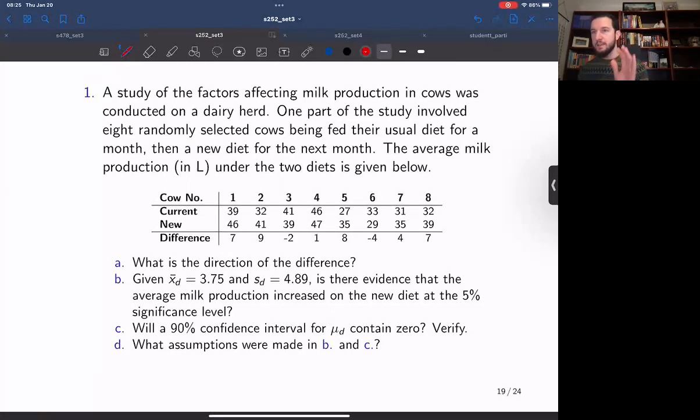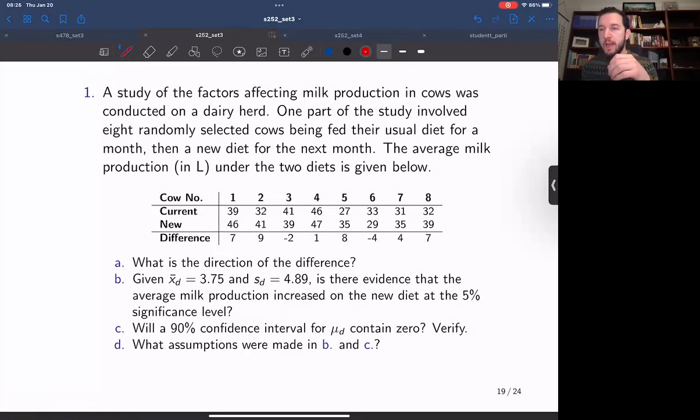First off, we have 8 different cows, so we have 8 observations. Each observation, each cow, is contributing two measurements, which are the current and the new milk productions. Current would be the milk production over 1 month on the normal diet, and new would be the milk production over 1 month on the new diet.